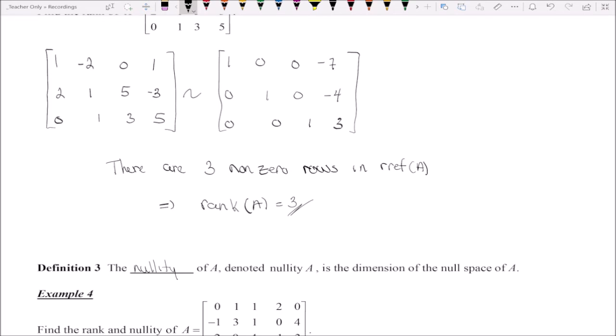The null space of a matrix is simply the set of vectors that form a solution to the homogeneous equation AX equals 0, right?